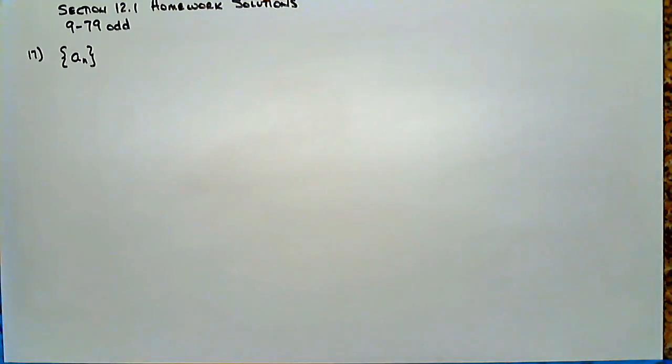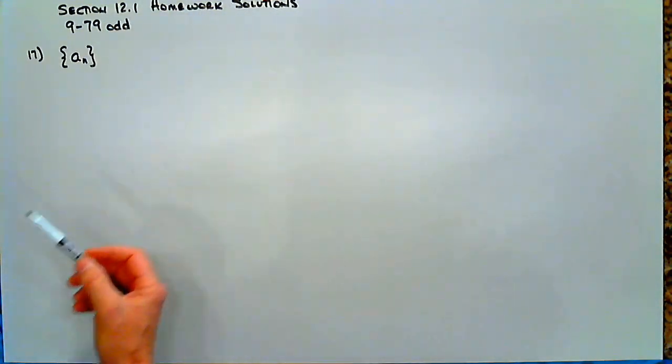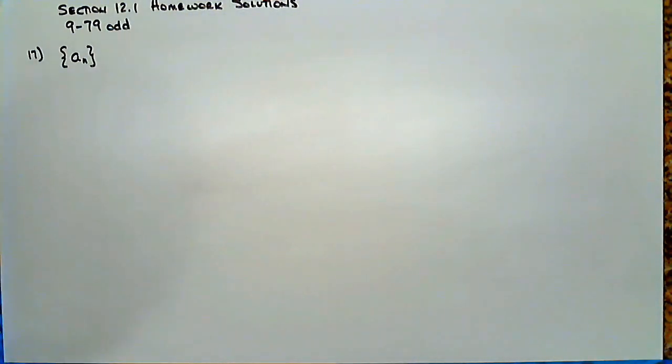It's just saying plug in n. Instead of plug in x, where x can be any real number, it means plug in n, where n is 1, 2, 3, 4, 5, 6. And if that's not clear to you, you can go back and watch the video section 12.1 lecture, and I cover that in detail in that lecture.